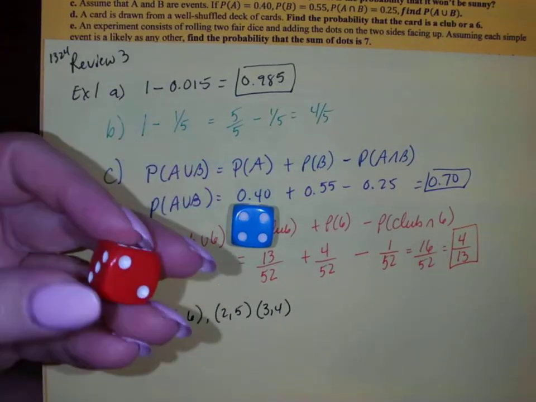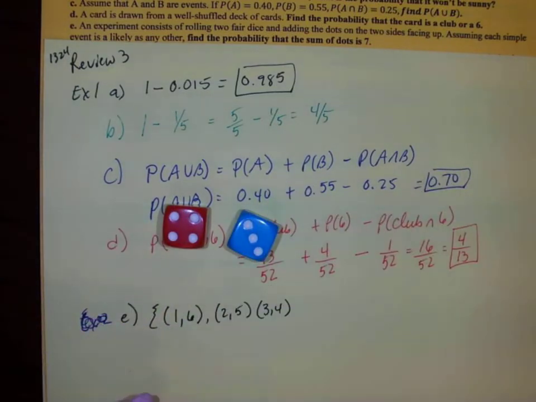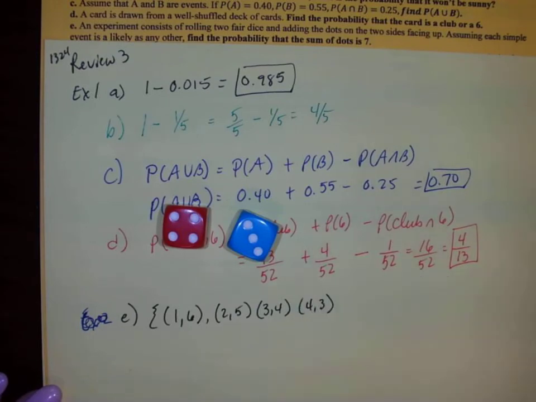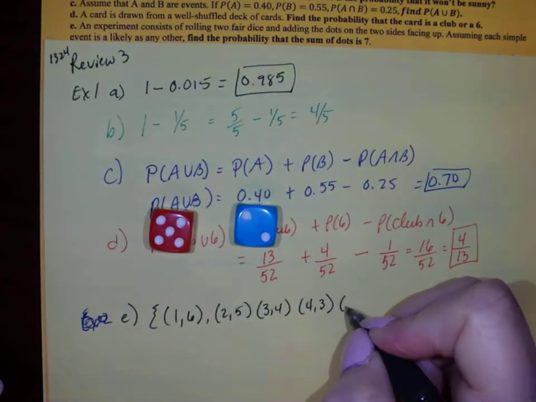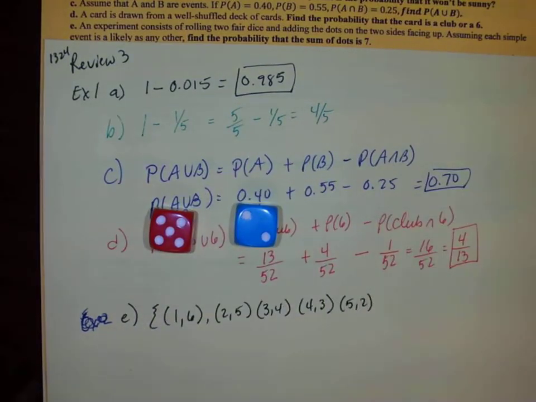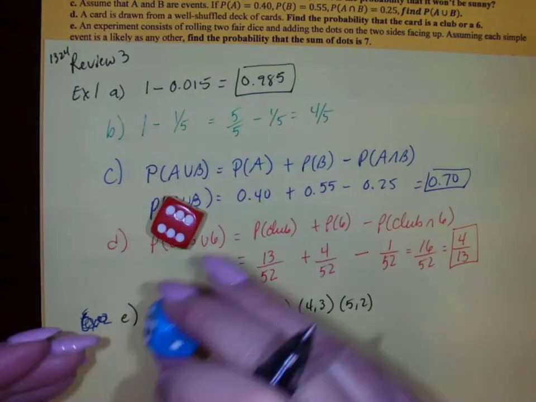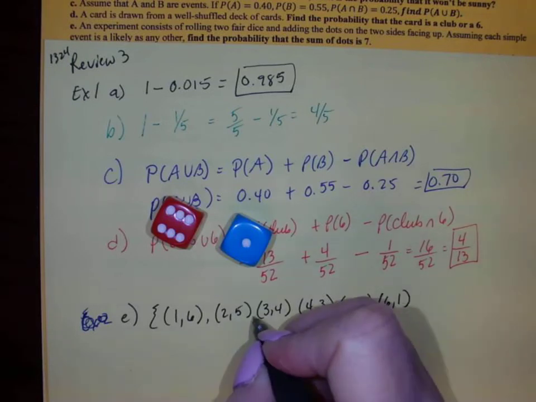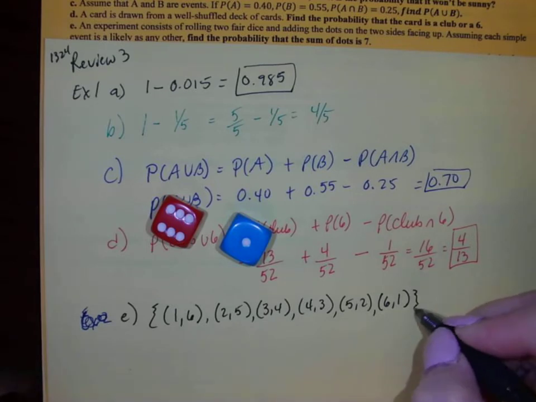And then if I got a 4 on the red one and a 3 on the blue one, that would get me 4 and a 3. And then if I get a 5 here and a 2 here, that will also get me a 7. And then I could get a 6 on the red one and a 1 on the blue one. So that makes me a total of 7 right there on each of them.